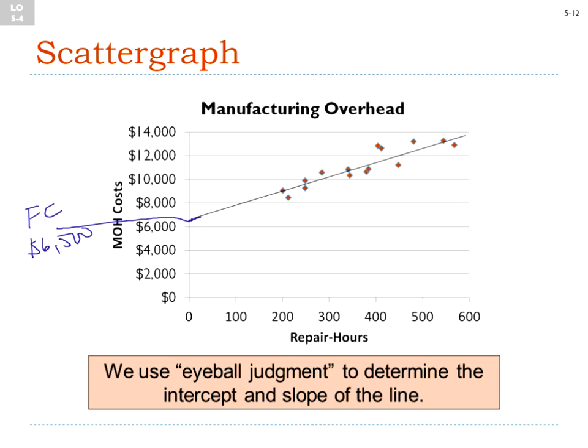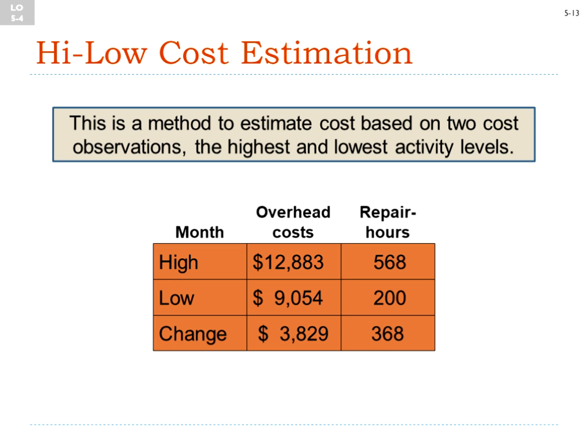So we take those numbers and we calculate the difference. The difference between overhead costs between the high amount and the low amount is $3,829, and the difference in those repair hours is 368.